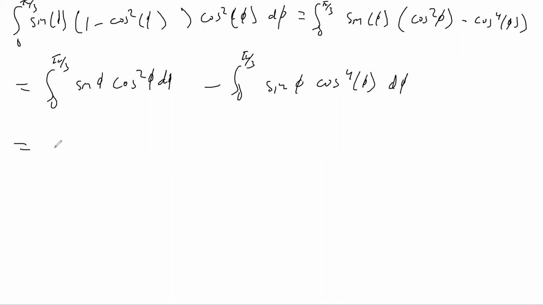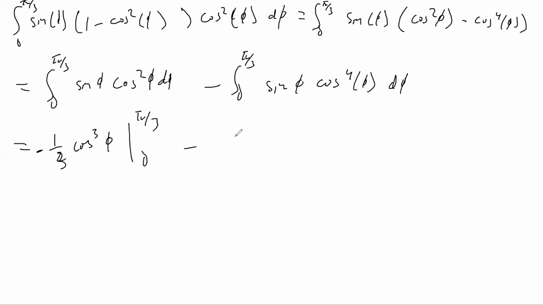That's going to be one third cosine cubed phi, minus, from 0 to pi over 3, because if you take the derivative, the 3 cancels out, and cosine becomes a negative sine, so that should be a negative up there.